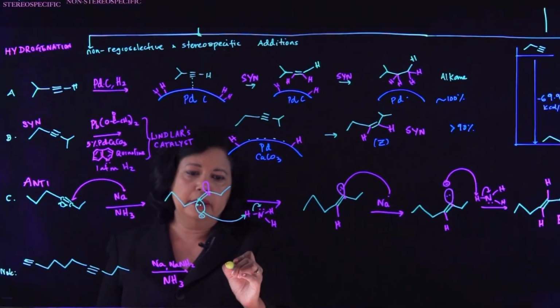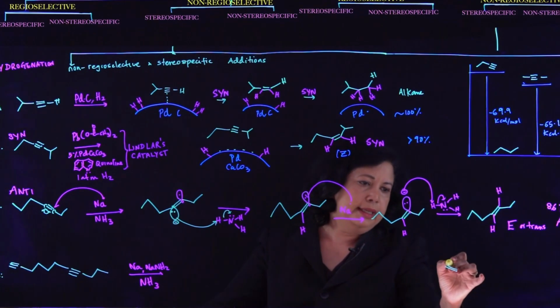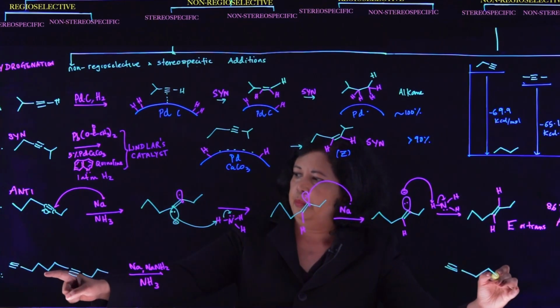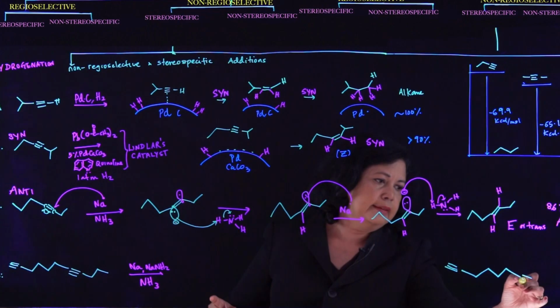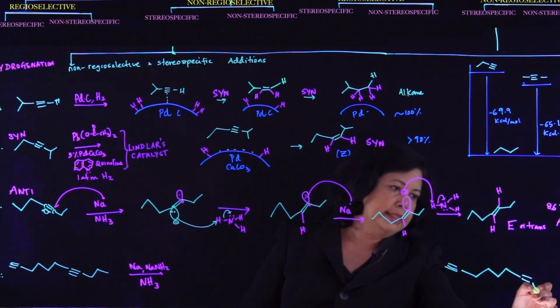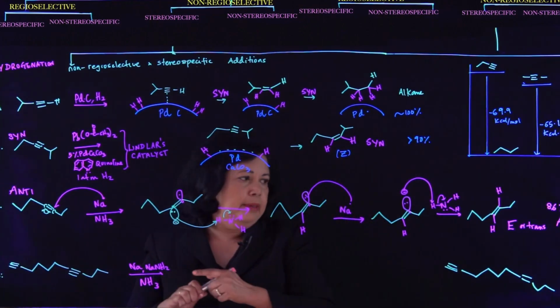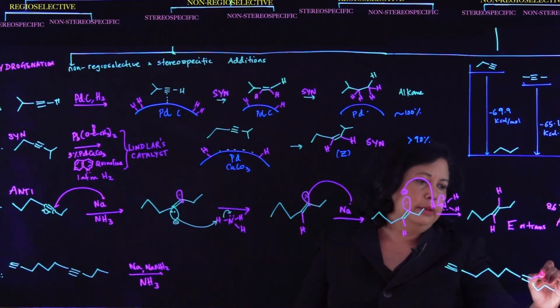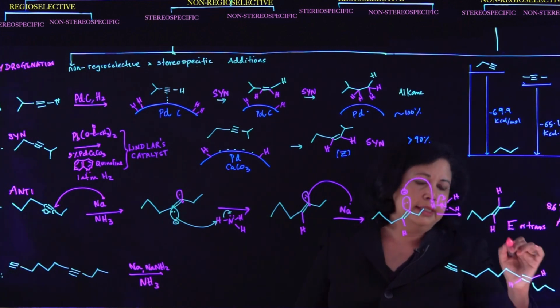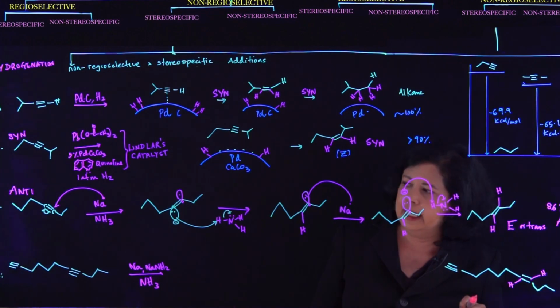The internal alkyne is selectively hydrogenated to a trans alkene. Because we have sodium and ammonia, it's going to be trans addition. However, this one has been spared. Why do you think that is?